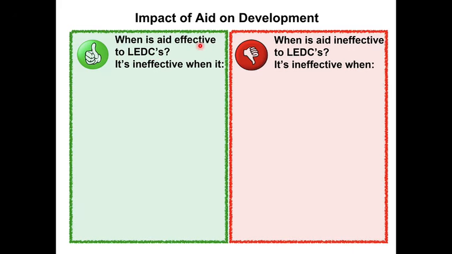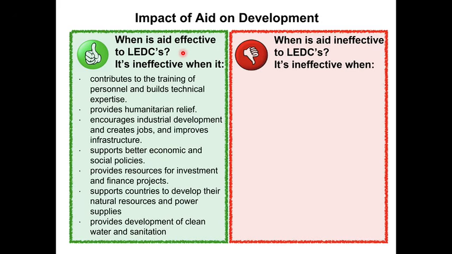Now, this must be effective, sorry. It contributes to the training of personnel and builds economic and technical expertise. All right? Secondly, when it provides humanitarian relief, it encourages industrial development.